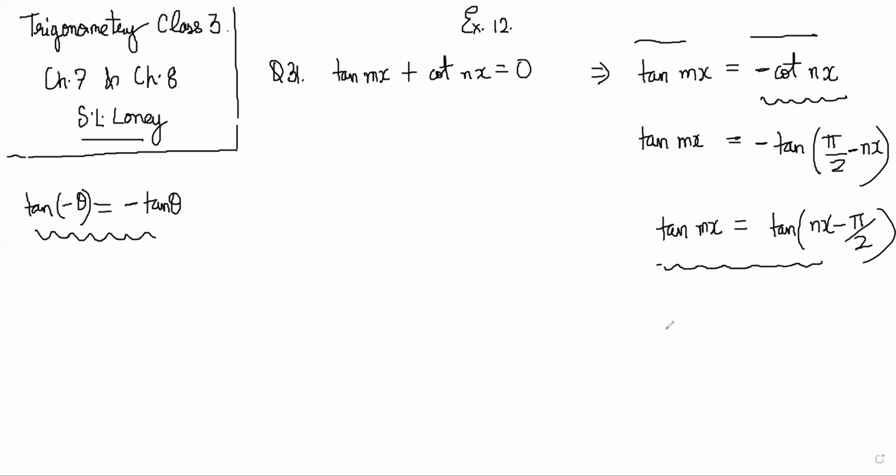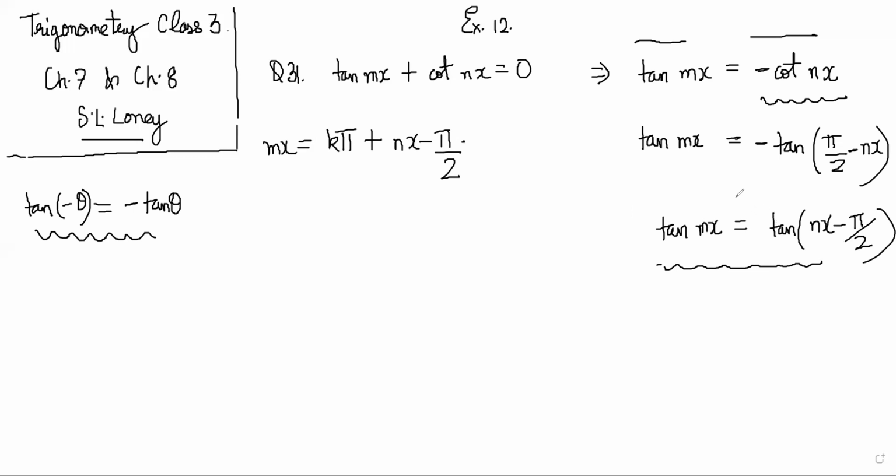So now you can apply the general formula for tan, and you can say that mx is equal to k pi plus nx minus pi by 2. K I have used because m and n are already being used.